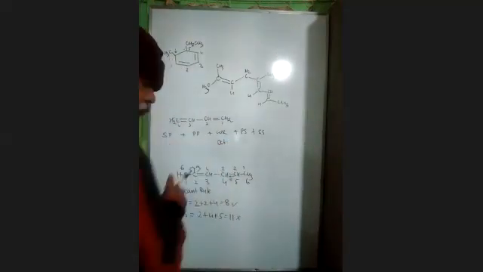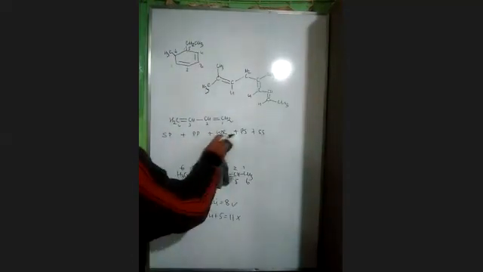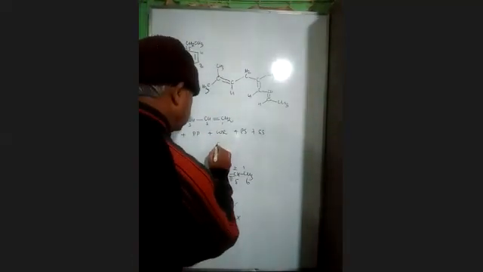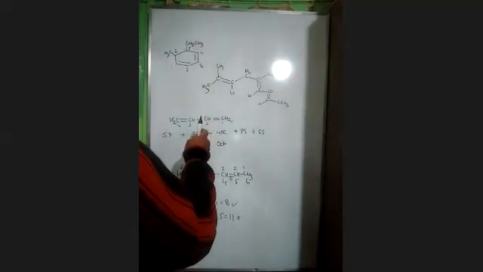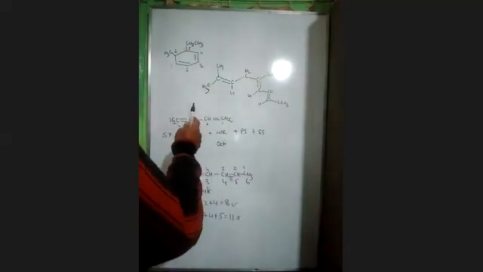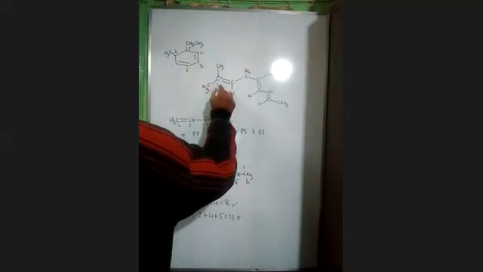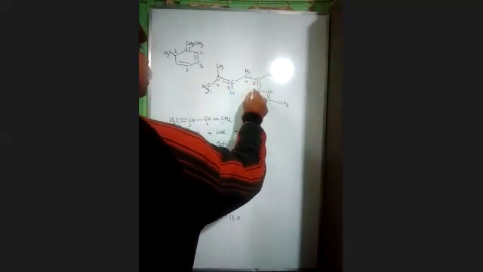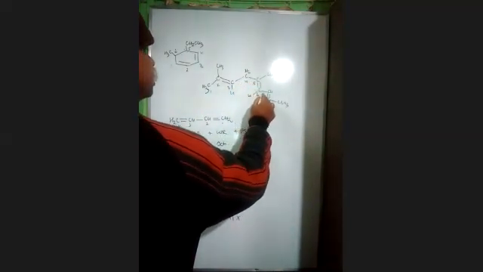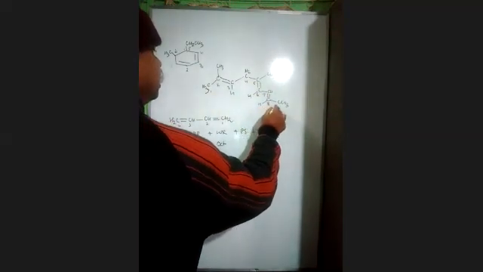Oct. O-C-T. Now from where should you number it? See, you start from which carbon? 1, 2, 3, 4, 5, 6, 7, 8.